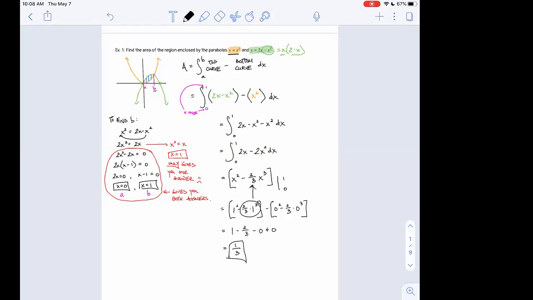Yes. Okay, so if I'm finding the integral of 2x squared, I have the constant. For the x, I add a power, and then I have the reciprocal. Got it. Okay, other questions on example 1?